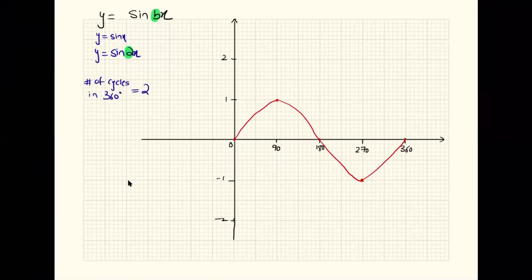So one cycle is going to be completed in 180 degrees. That's why the new period is going to be 360 divided by the value of B, which is 180 degrees. Meaning my one cycle of sin x is going to be completed in 180 degrees.